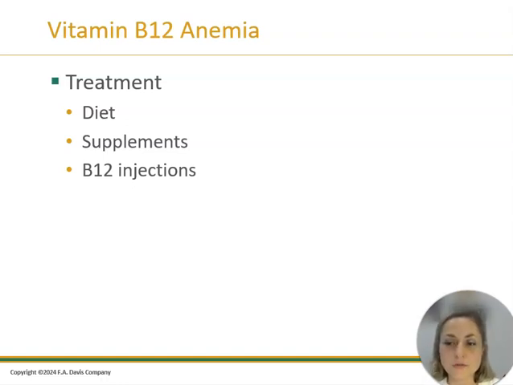The generic name of B12 is cyanocobalamin. When we give it as an injection, it's bright red in color. So it's given IM, and something to remember with this is that it can stain the skin. So if you want to be nice, you would give this the Z-Track method so that they're not getting little red dots everywhere.